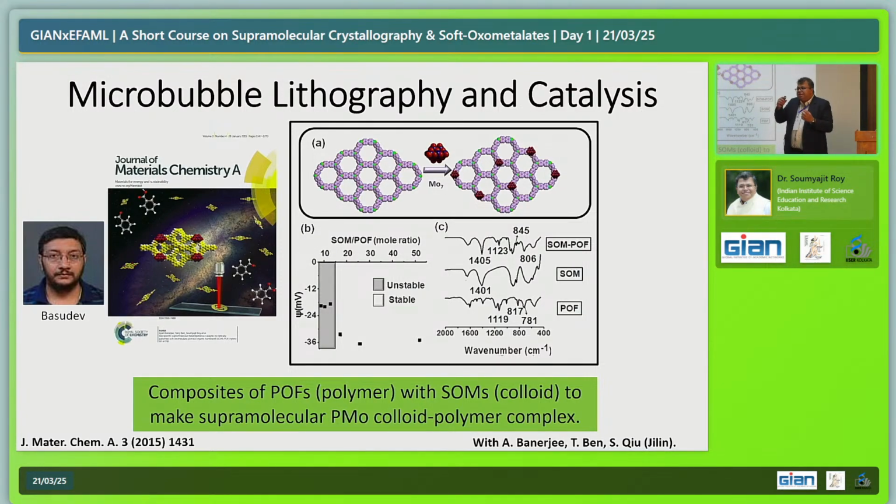So this repulsion would give them the stabilization. So essentially you have charge stabilization in these systems. But when you do not have charge stabilization, when you do not have this type of repulsion, then you have unstable dispersion. That's what it is called. So that means it will settle down.